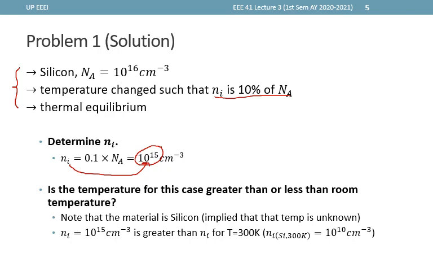Now, at what temperature will Ni be greater than 10 raised to 10? Then the answer to that is some temperature greater than 300 kelvins or room temperature. So for this question, the answer is greater than room temperature.